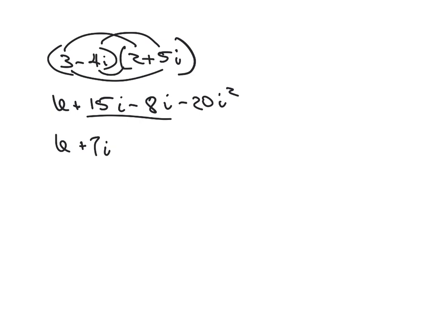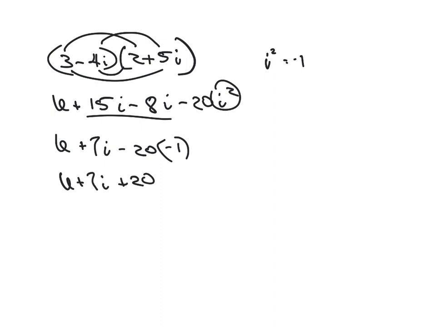And one of the things that we know from earlier lessons is i squared always equals -1. Two negatives give me a positive. Add this and this.